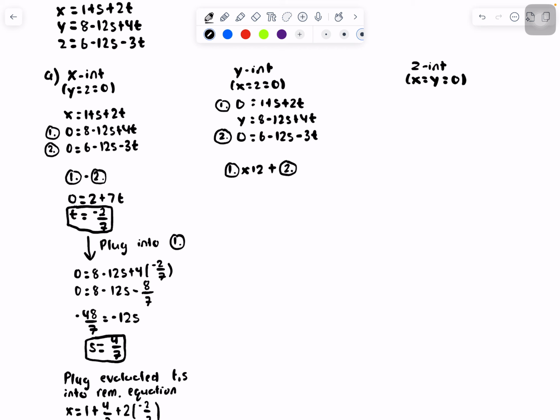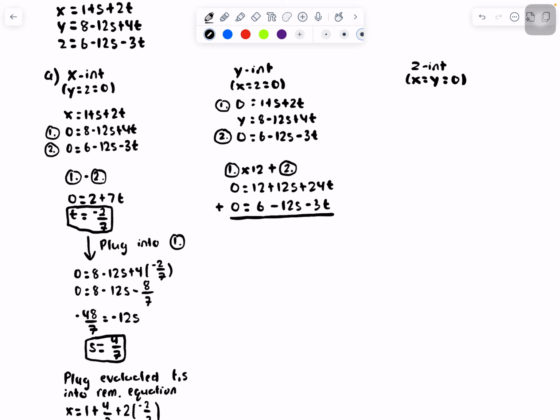So how is that going to look? This is going to be a bit more complicated, so I'll do this in 2 steps. It's going to be 0 equals 12 plus 12s plus 24t. That's equation 1. I'm adding it with 2, which is 0 equals 6 minus 12s minus 3t.